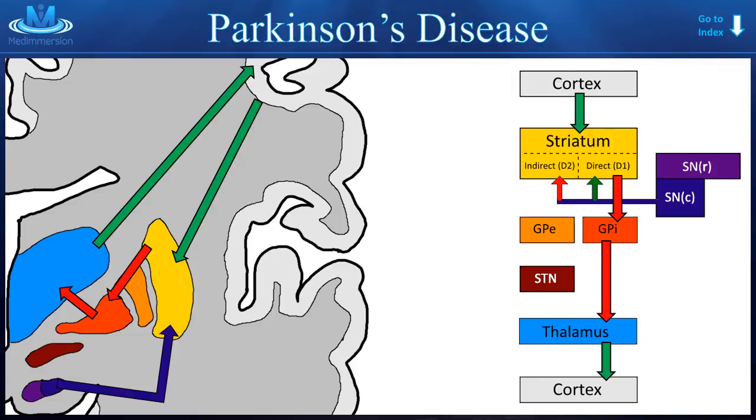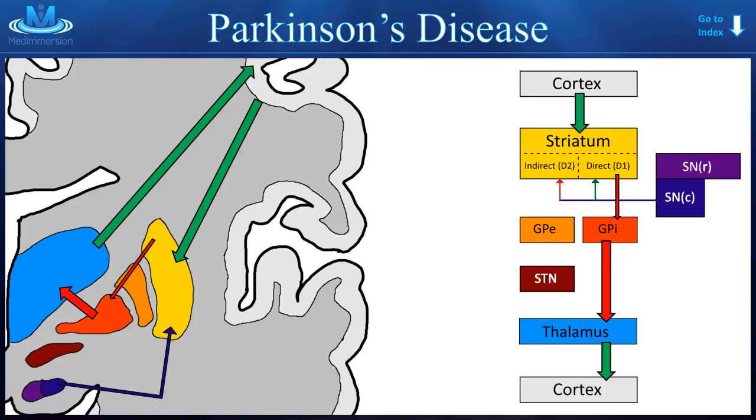So if you remember back, this is where the problem happens. There's death of the dopaminergic, or dopamine producing, cells in the substantia nigra. So as this picture illustrates, the output decreases. And I'm going to stay on the direct pathway here just so I don't have to flip-flop. There's a decreased excitatory signal to the direct pathway starting in the striatum. Because that direct pathway is not stimulated as much, its output decreases.